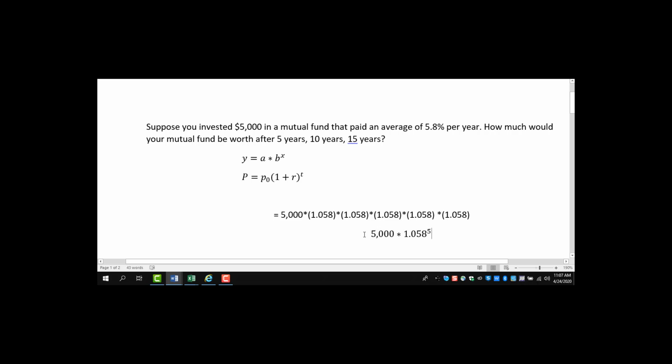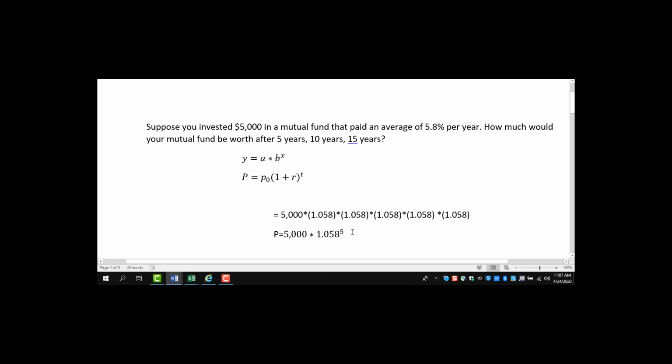And so look at the equation here. Our output, which is going to be the amount that we're going to have, is equal to our starting value times our factor, derived from the percentage increase, raised to 5 for 5 years.